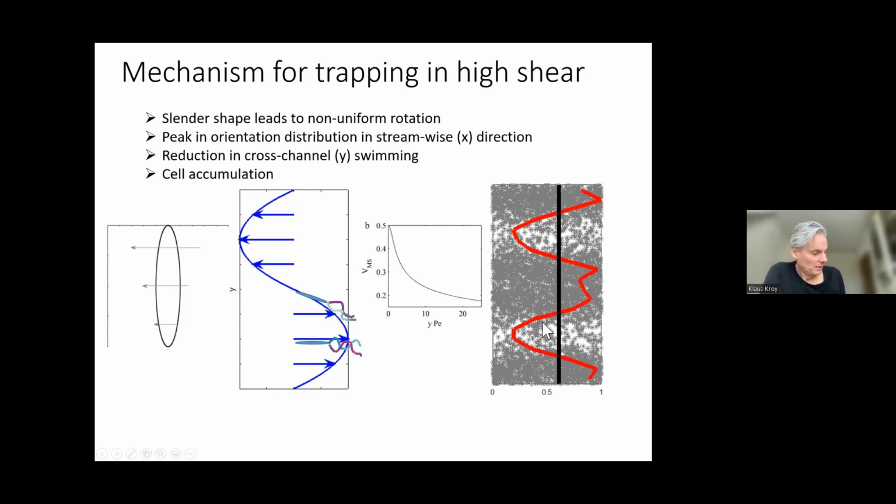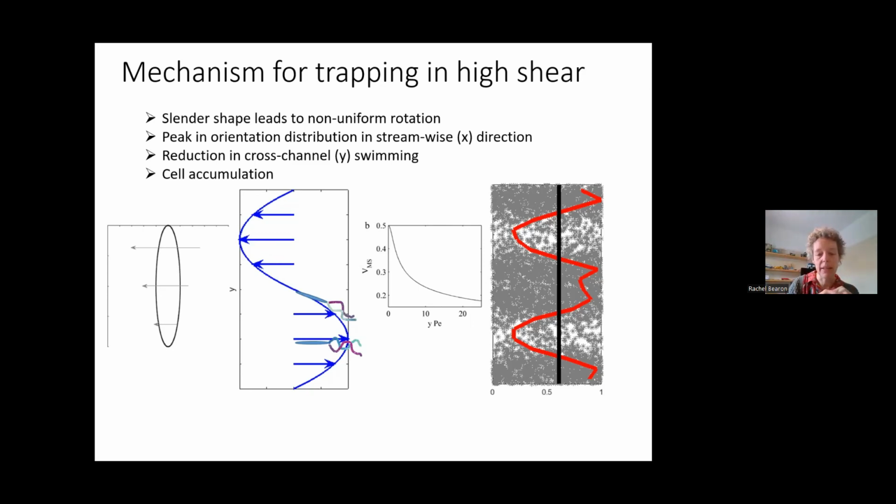So going back to this cartoon on the right-hand side, what we're having here is this question of shear trapping, which is one of the things we're trying to get across. In this situation, the cells are all doing their active rotation around.